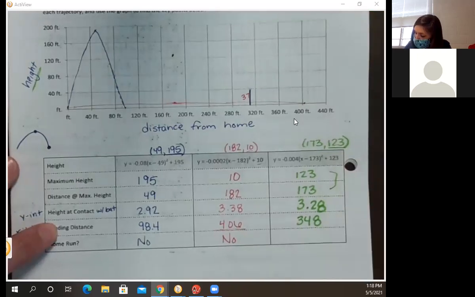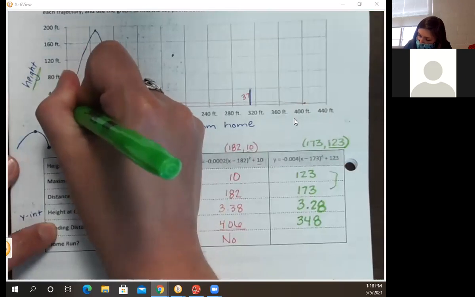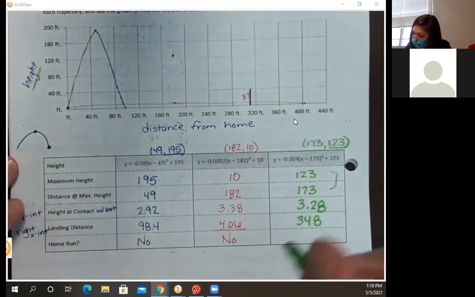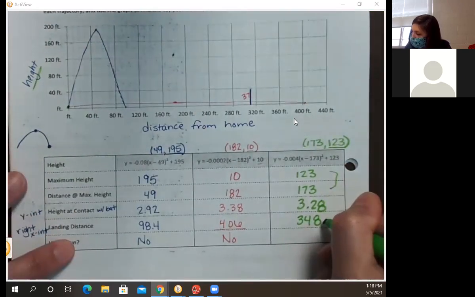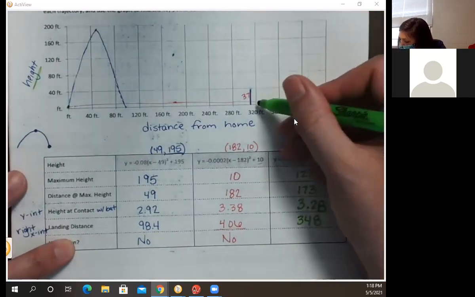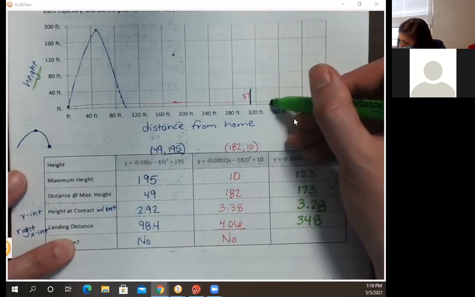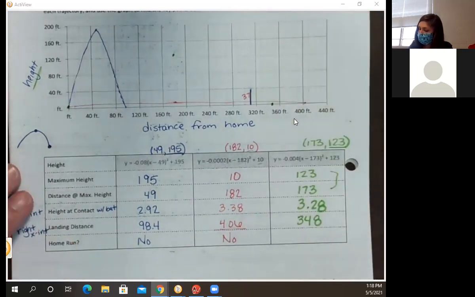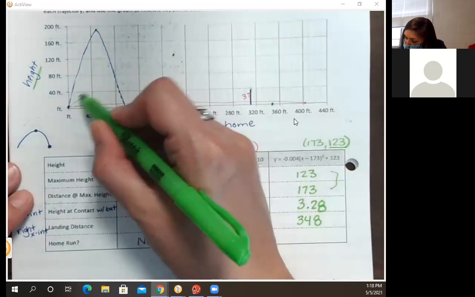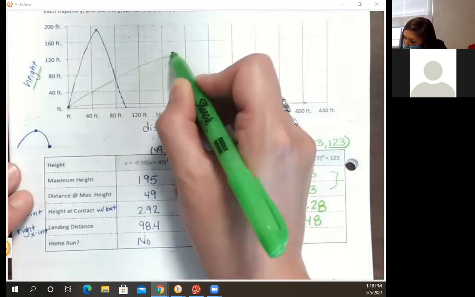My y-intercept is 3.28. So again, that's kind of right over where the other ones are. And then our landing distance is 348. So 220, 330, 340, 350. And then I'm just going to kind of sketch in my parabola.